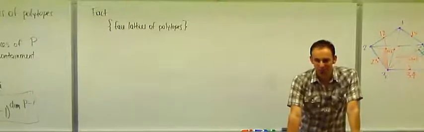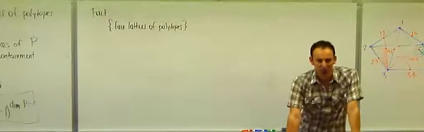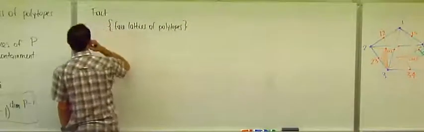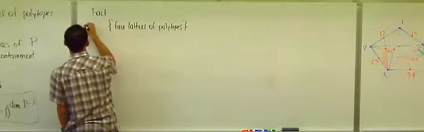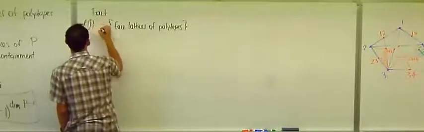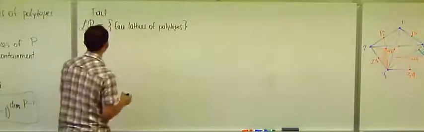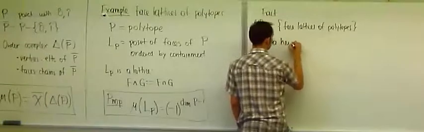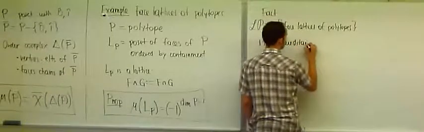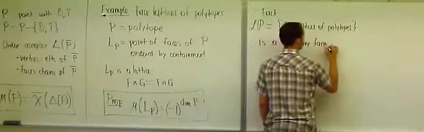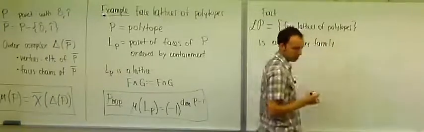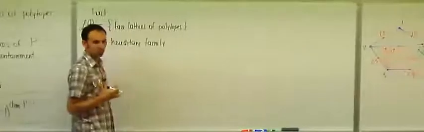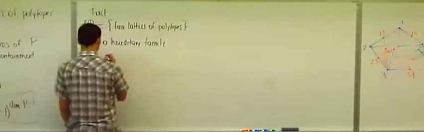Is it closed under taking intervals and under taking products? And it is. So we might call this, for lack of a better name, LP, lattices of polytopes. So this is a hereditary family of posets. It's closed under taking intervals, and it's closed under taking products.